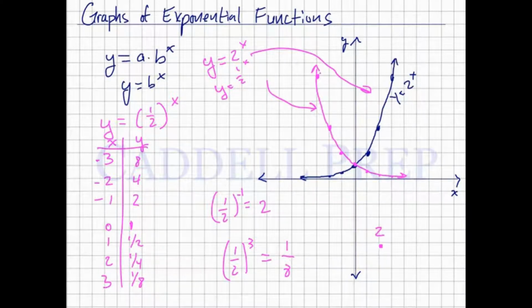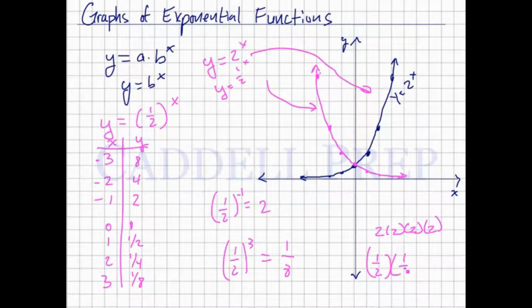So you have 2, multiply it by 2 again, then you're at 4, multiply it by 2 again, you're at 8, multiply by 2 again, you'll be at 16. Whereas with this one, we have a fraction less than 1, but positive raised to an exponent. So you start off with 1/2 right here.